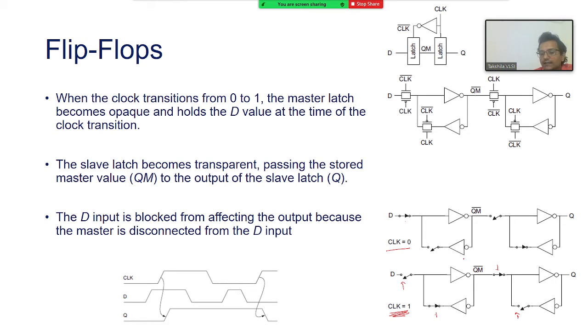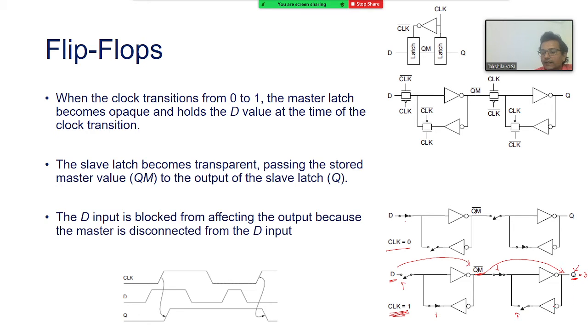In the earlier cycle, D came here, right? So QM, the output of the master, remembers what the D value was. Now that value it will transfer to Q. So Q becomes equal to D. So whatever D was in the previous cycle, now it is the value at Q, right?